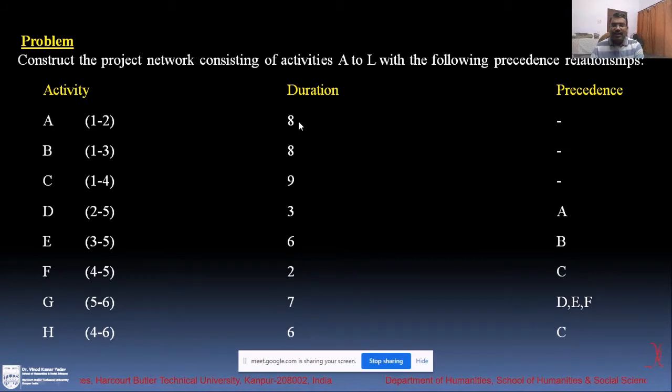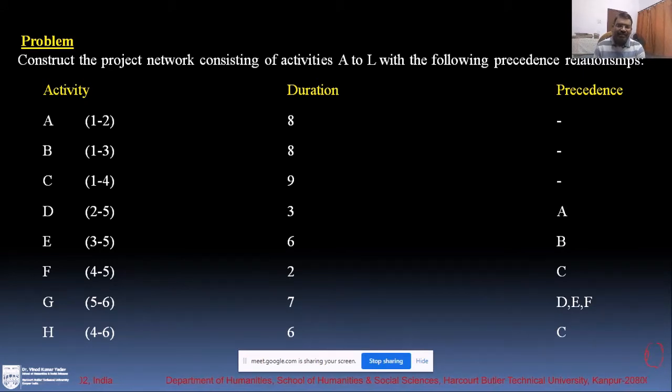Now when we design the network on paper, we must look at the scaling of this. If we make A activity, we should make it 8 centimeter, B 8 centimeter, C 9 centimeter, D 3 centimeter, E 6 centimeter, F 2 centimeter, approximately.